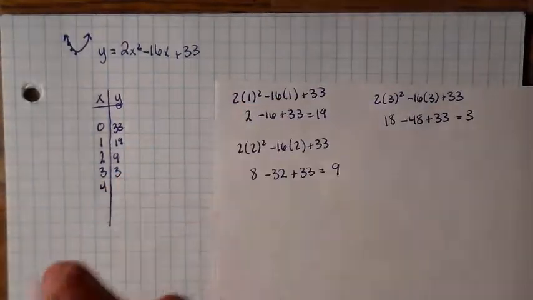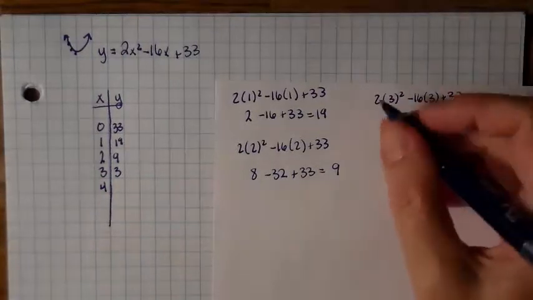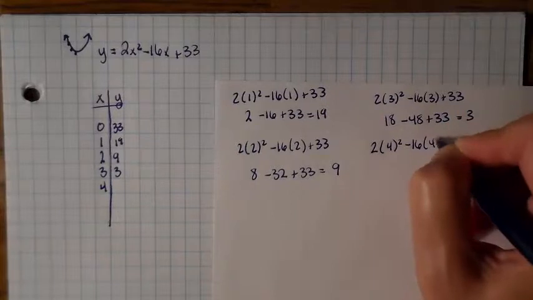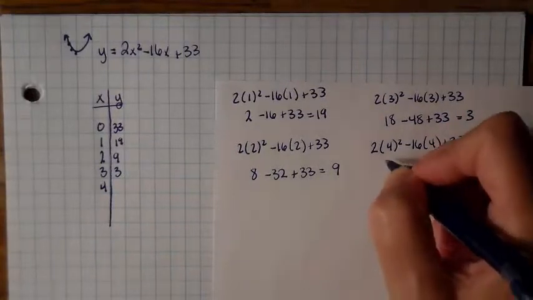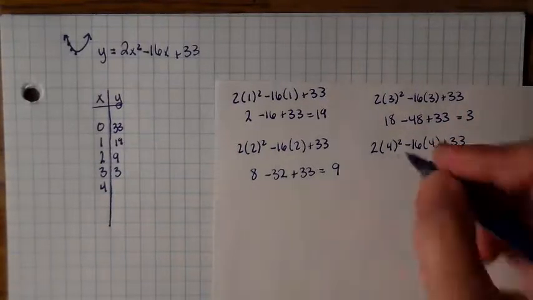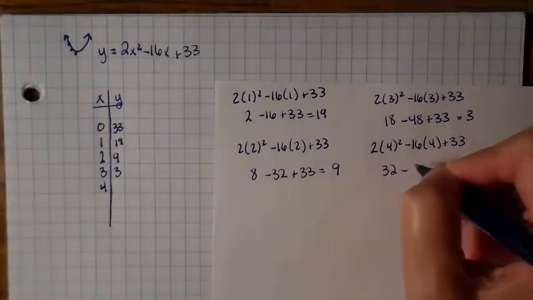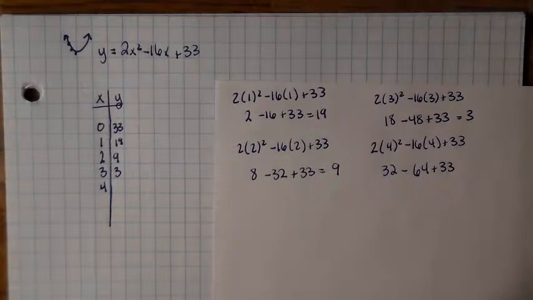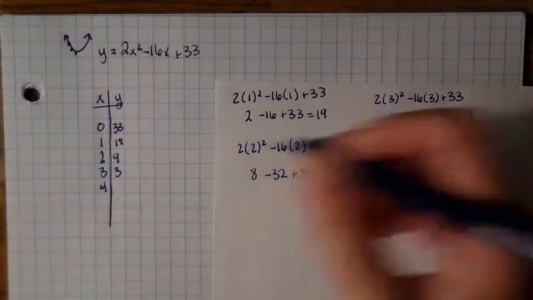So I need to keep going until I get that curve to go back up. So I'll plug in a 4. So 2 times 16 is 32 minus 64 plus 33. So 32 minus 64 plus 33 is 1.